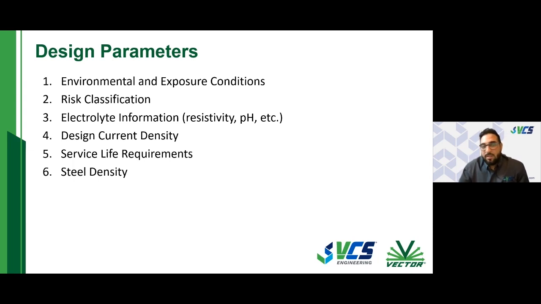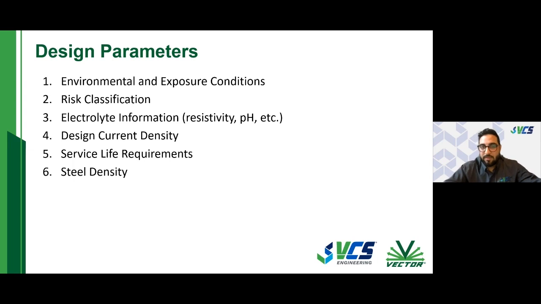The first one, and I'll be going into each of these more in depth, is the environmental and exposure conditions of the structure. The second one is the risk classification. What kind of risks are we dealing with? How much chloride content do we have? What kind of environment is it in, and how does that affect the risk of our structure?